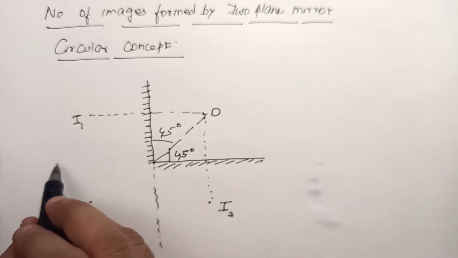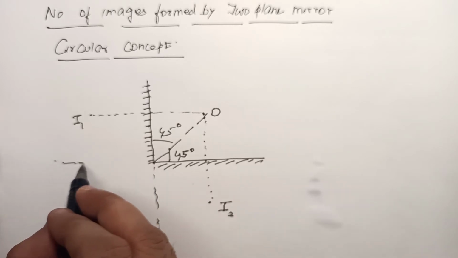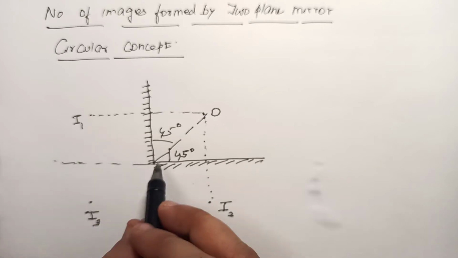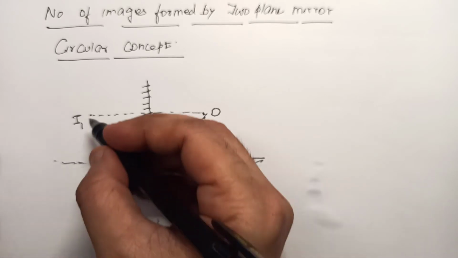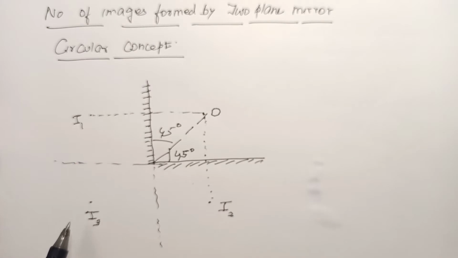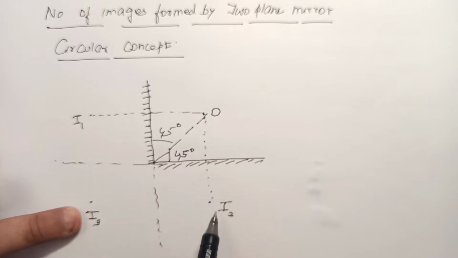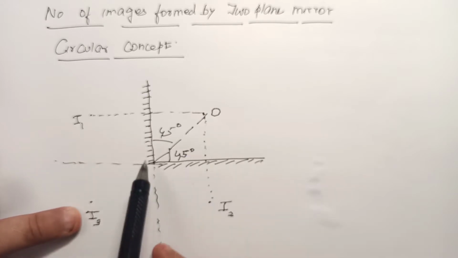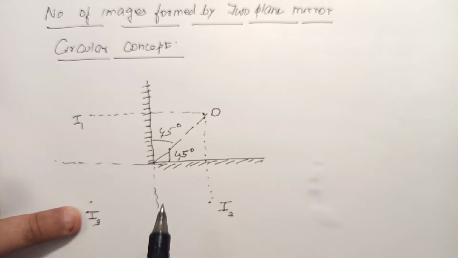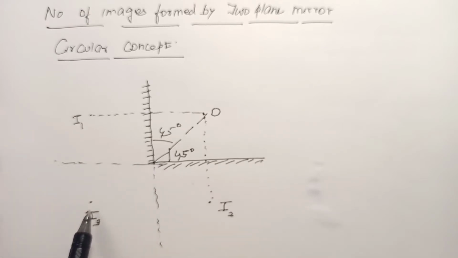And similarly, if we extend this mirror as well, then if we treat this as object, the image would be this. And the image of this, treating this as a mirror, would be here, and this will coincide with the image of this, treating this as a mirror. Both will coincide at this point.